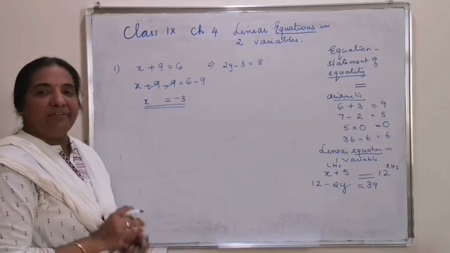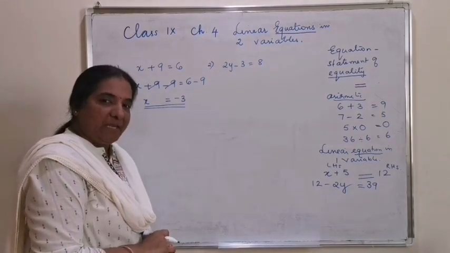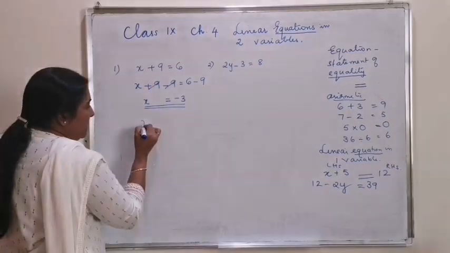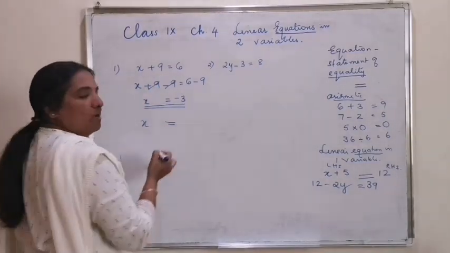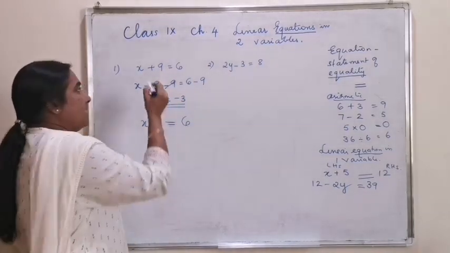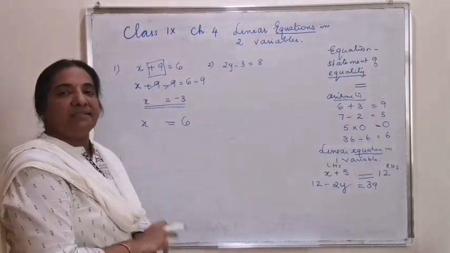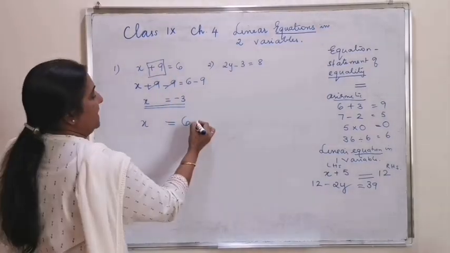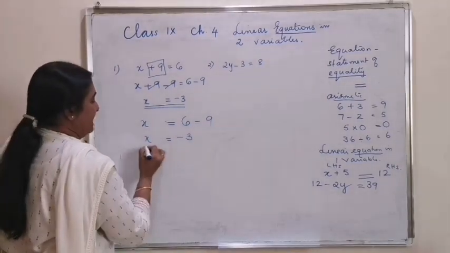This is one way of solving. Or, by transposing numbers, the variable is kept on the left hand side, after the equality sign the number already on the right hand side is there. When the positive 9 is transposed to the other side, it takes negative 9, so the value of x is minus 3.